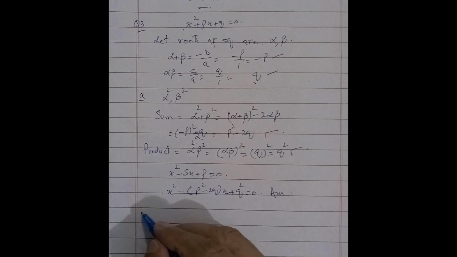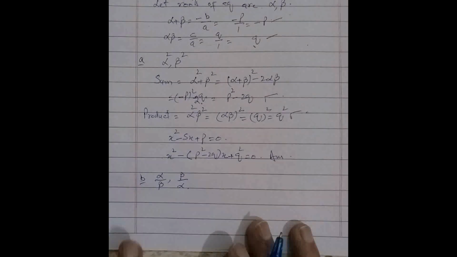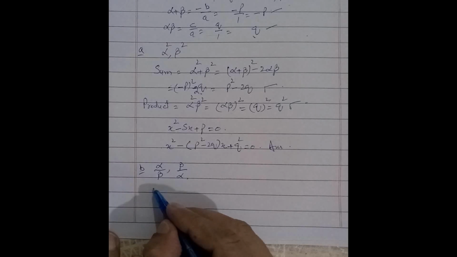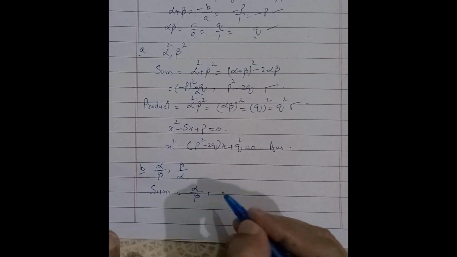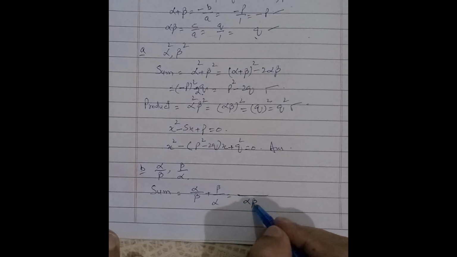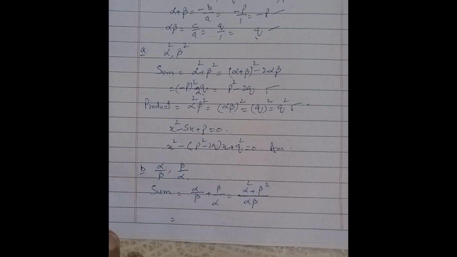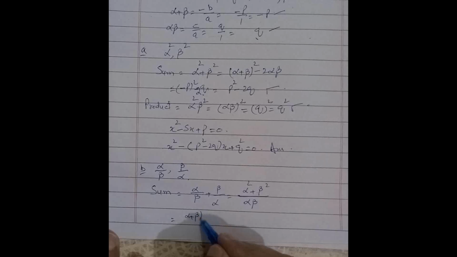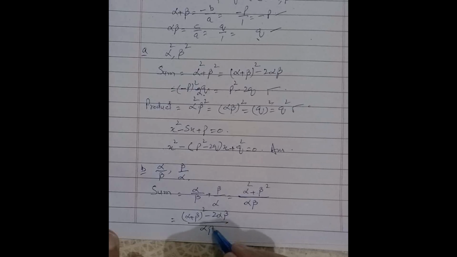And the second is b part, in which the roots of the required equation are alpha over beta and beta over alpha. So we first find the sum and then the product. The sum is alpha over beta plus beta over alpha is equal to, simplify it, alpha square plus beta square over alpha beta, and further simplify it, alpha plus beta whole square minus 2 alpha beta over alpha beta.